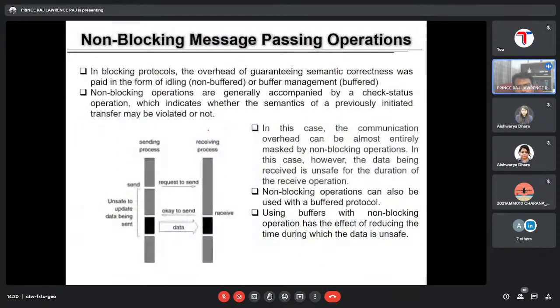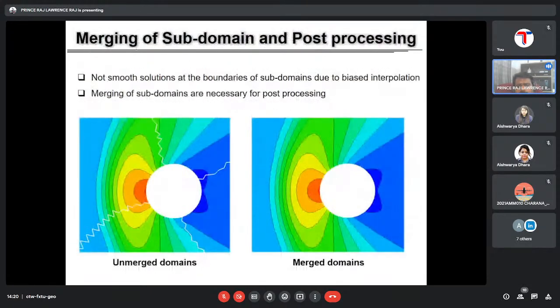Now this is merging. I told you this is the next process, merging of subdomains. Why should I merge? As I said earlier, for example, this is calculated by processor number 1, this by processor number 2, this may be by processor number 3, and this by processor number 4. So you will definitely see a cut section here, because this is the cut in between the processors.